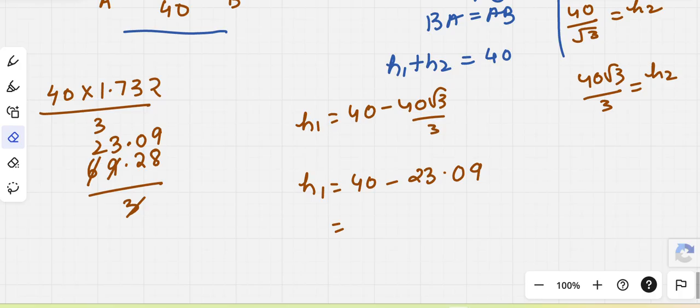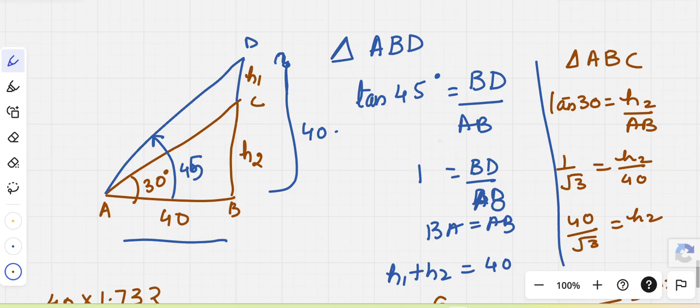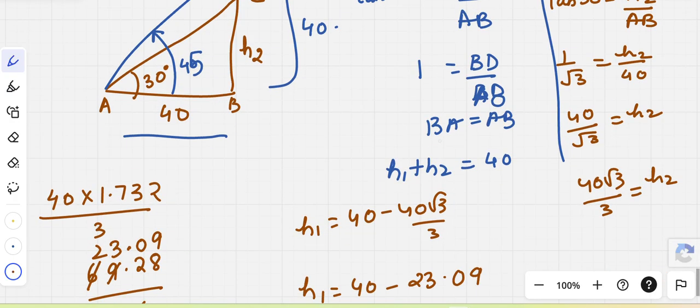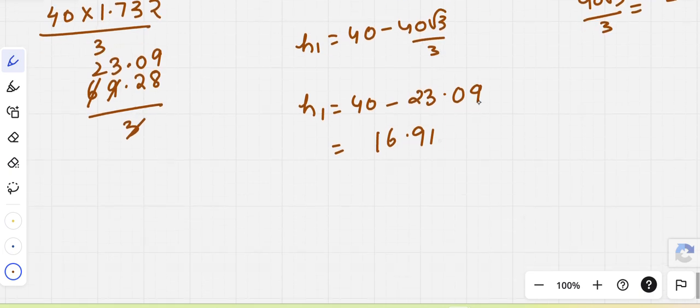Then let us subtract: 40 minus 23.09 is 16.91. This is H1, the depth of your tank. And the height of your tower we got here as 23.09. This is the height of the tower and this is the depth of the tank.